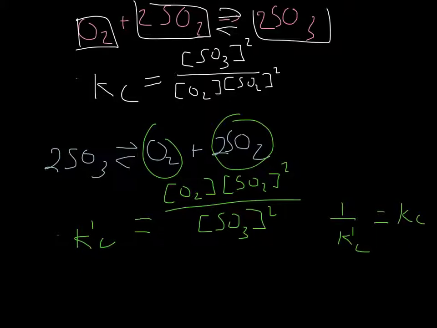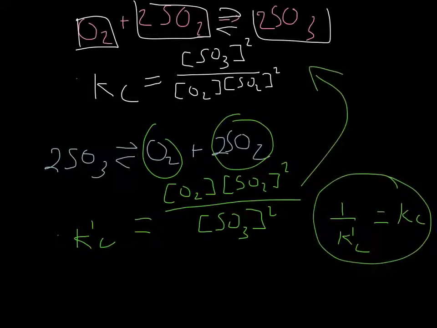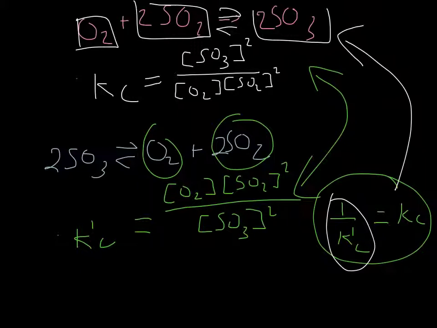So that's all you need to really know about reversing a chemical equation. You can always solve it by doing them both out, but you might get a test question that tells you the equilibrium constant of one and asks you for the other, and then you should know that it is the reciprocal.